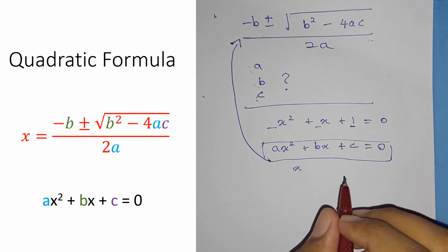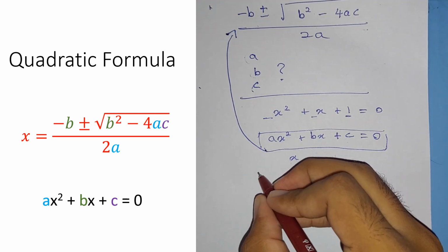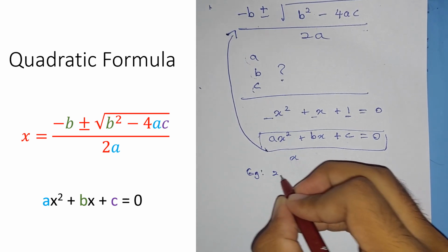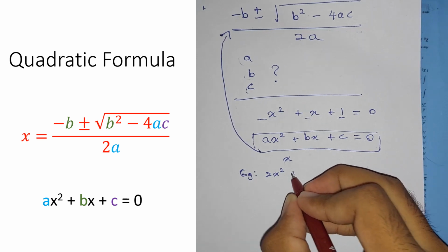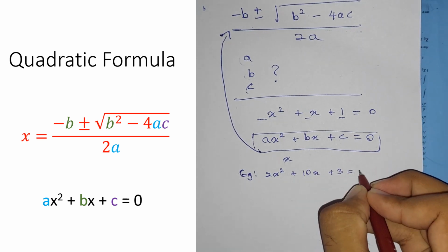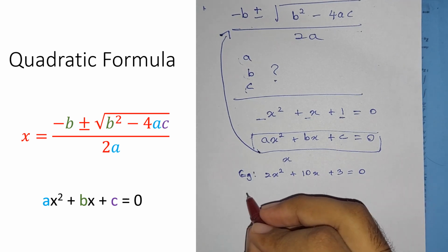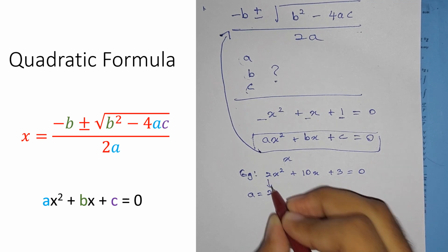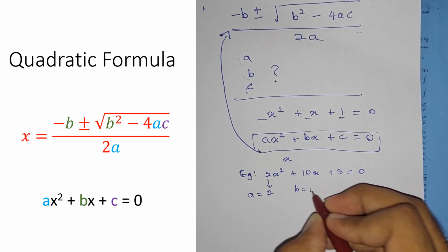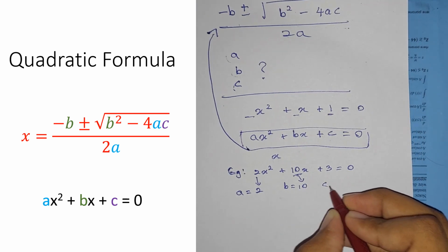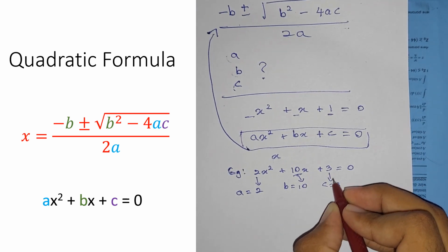So let's take an example. 2x squared plus 10x plus 3 equals 0. So here a is equal to 2, b is equal to 10, and c is equal to 3.